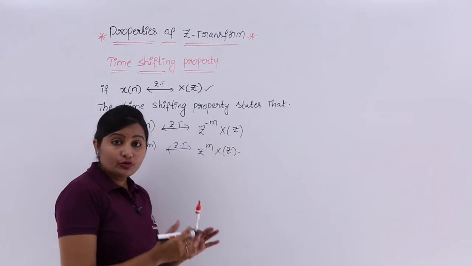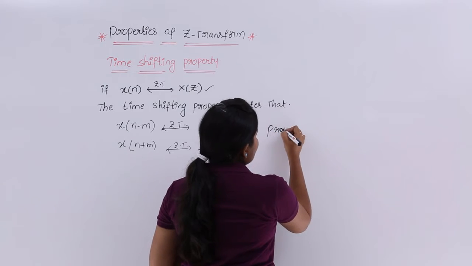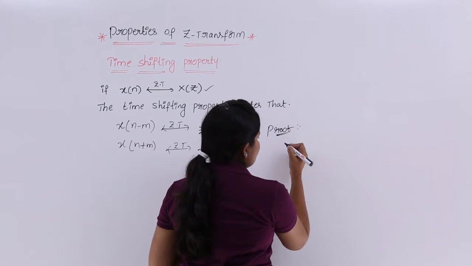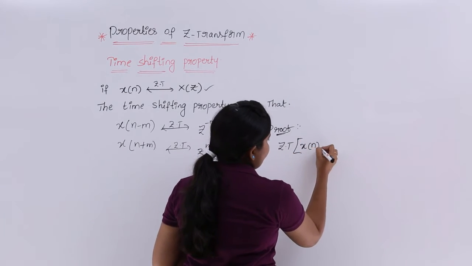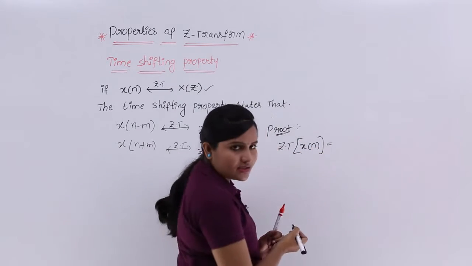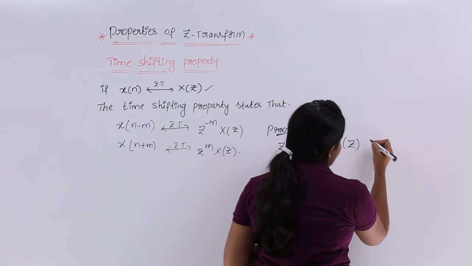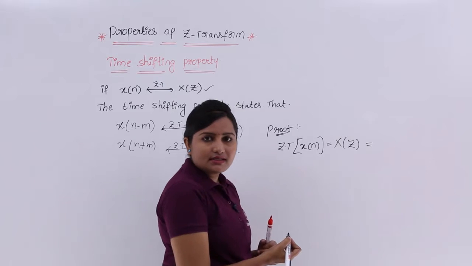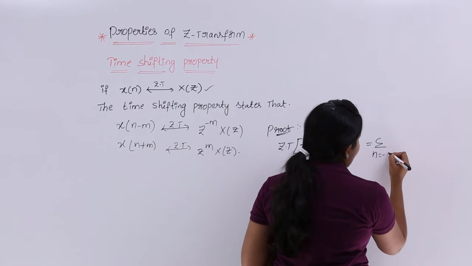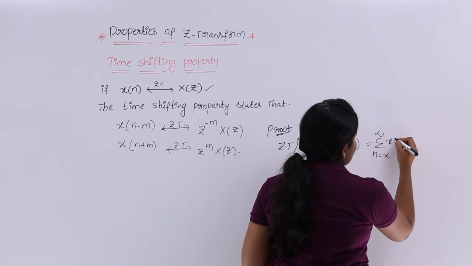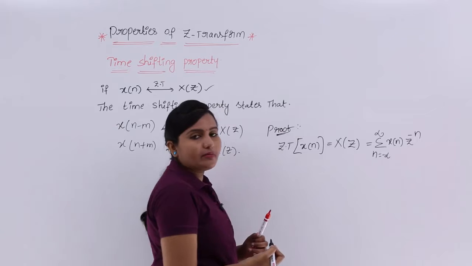Now I am going to prove this property. The Z transform of any signal x of n can always be represented as x of z. The equation to calculate this x of z is the summation from n equals minus infinity to infinity of the signal x of n into z power minus n.